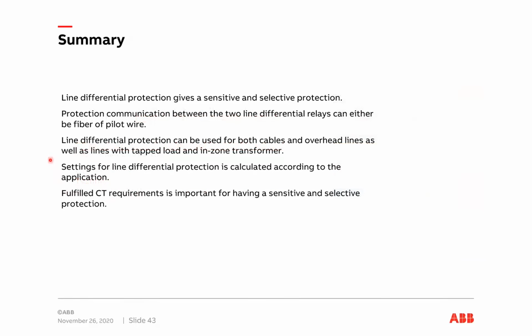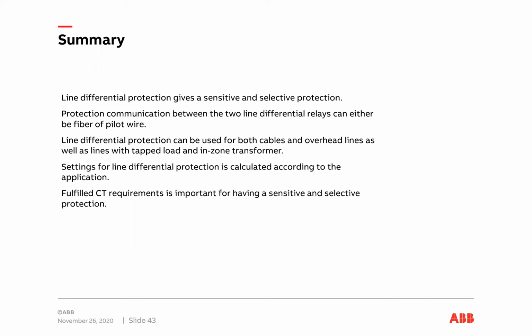So with that, we come to the final part, which is the summary. What we have learned is that line differential protection operates only for faults inside the protected zone. This means that it will give a selective and sensitive protection.